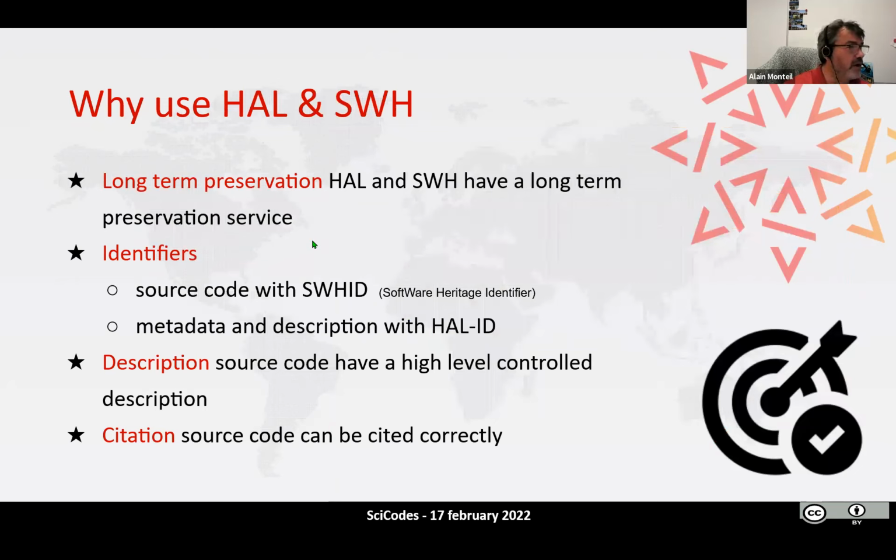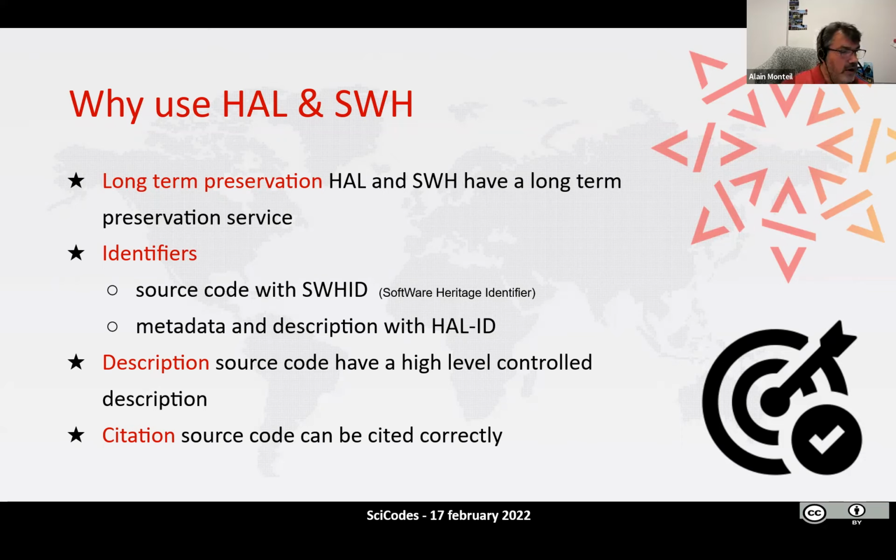So, some arguments to use HAL and Software Heritage to promote and archive your source code. With HAL and Software Heritage, you have long-term preservation of your source code. You have two identifiers, and it is very important. One is the specific intrinsic SWHID, and the second is the HAL ID for the metadata.